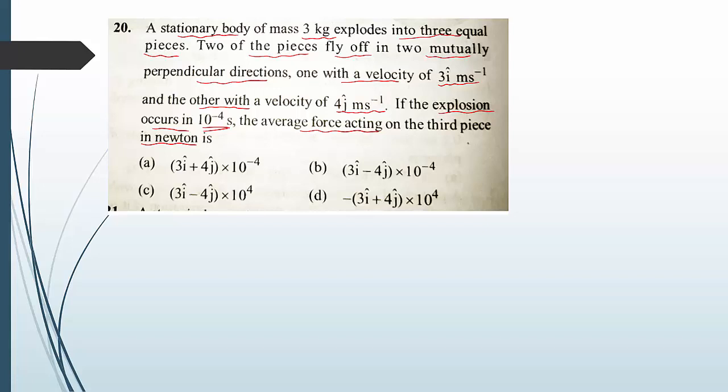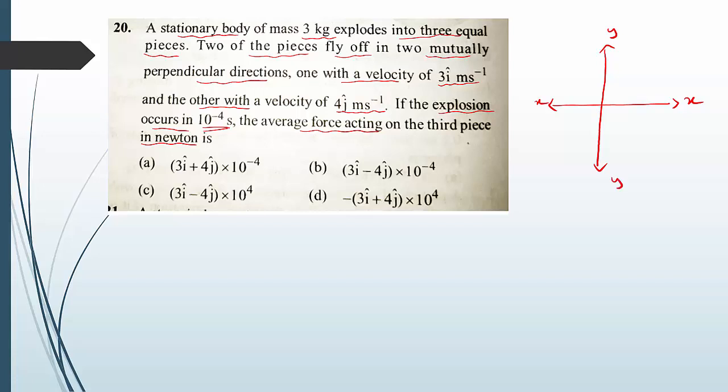Yes, you can observe here, if we consider a coordinate system, it will be very easy to understand. So we can consider the first part is moving with velocity 3 i cap, so along the x-axis.